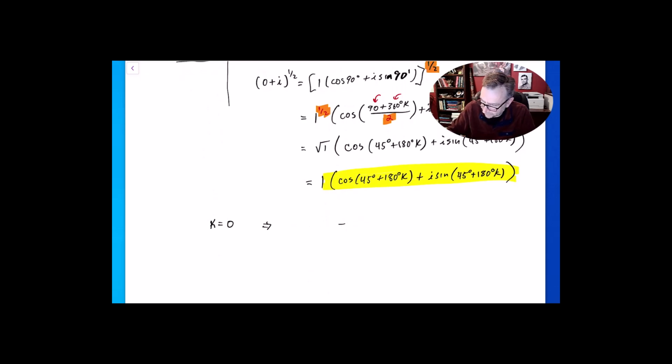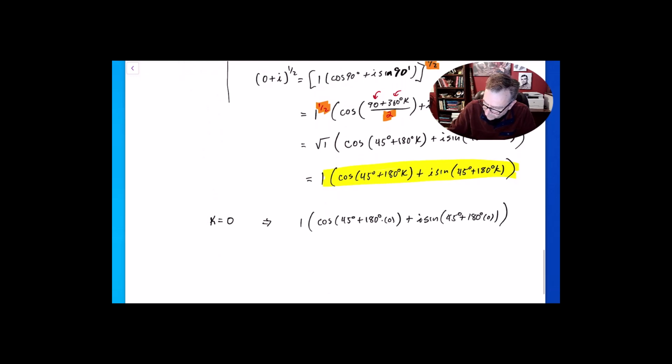Let me do that again. I got my notation mixed up. So I get 1 times cosine of 45 degrees plus 180 degrees times 0, plus I sine of 45 degrees plus 180 degrees times 0.